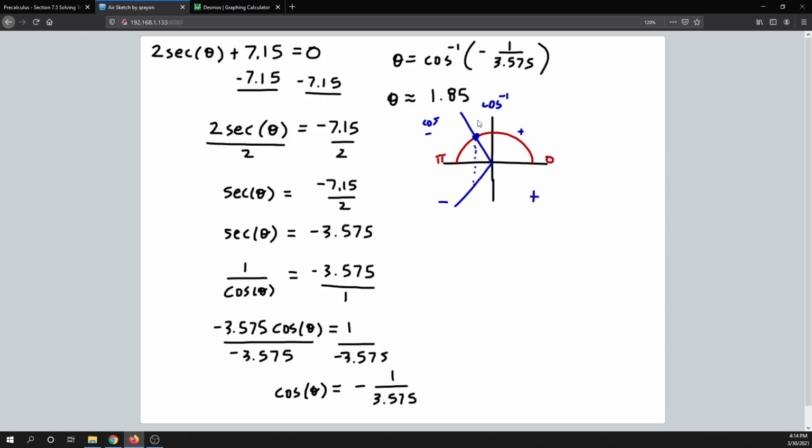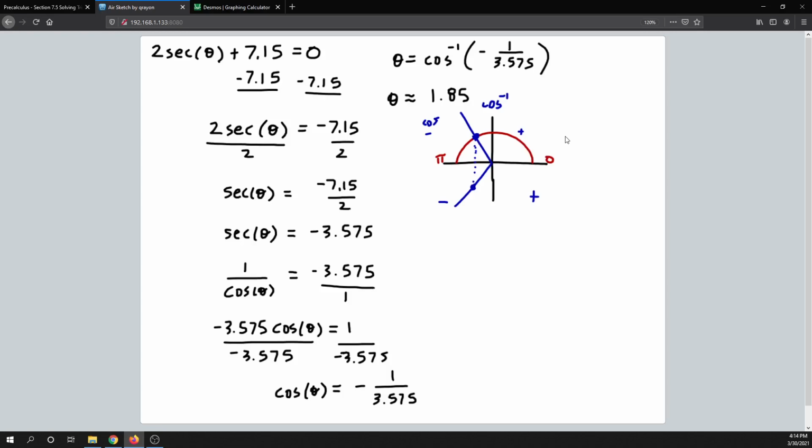So there is another angle down here in the third quadrant that is a solution to this. And in order to get that, what we're going to do is subtract this answer that we got here from 2 pi. So we're going to be doing 2 pi minus this angle.